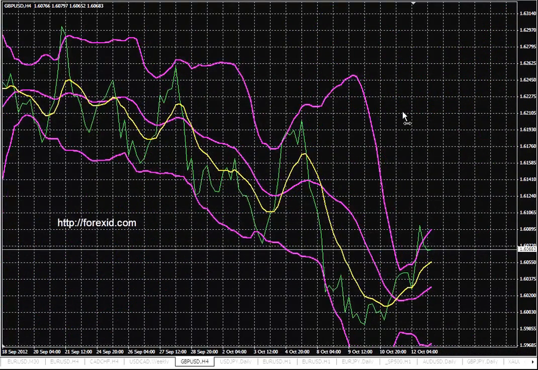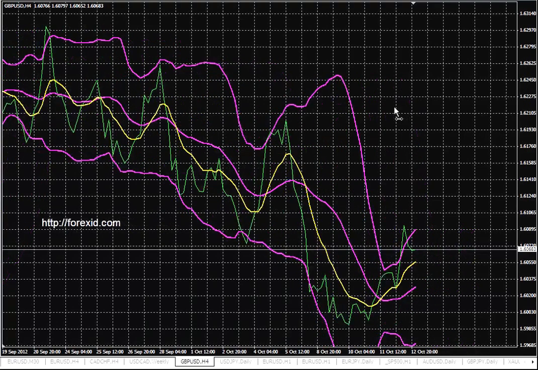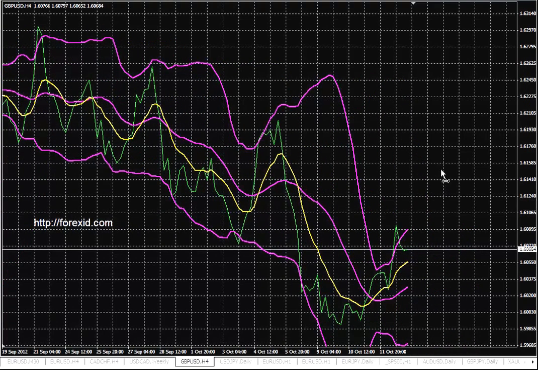What does this mean? And please watch something else. Every time the downward move was increasing and the bearish momentum was increasing, the space between the yellow line, the 10 EMA, and the median line of the Bollinger Bands, which is the 20 SMA, was increasing.